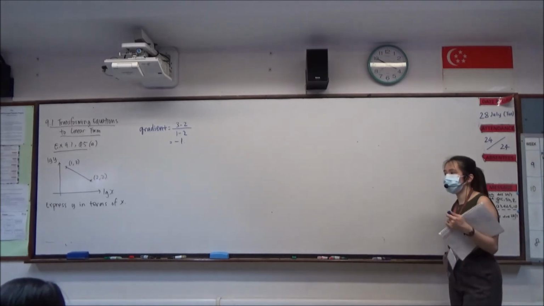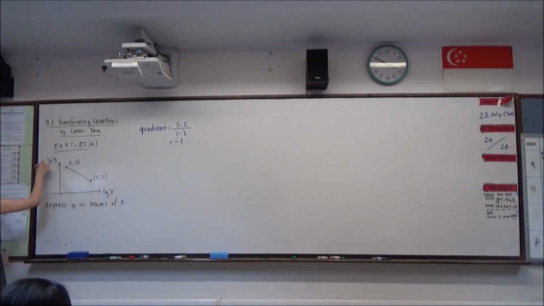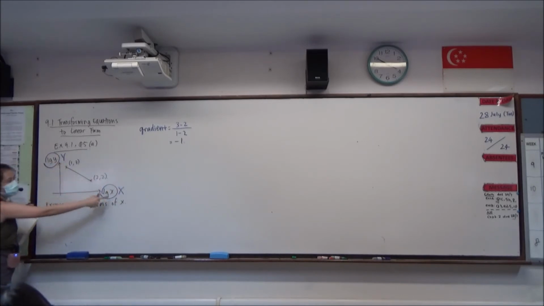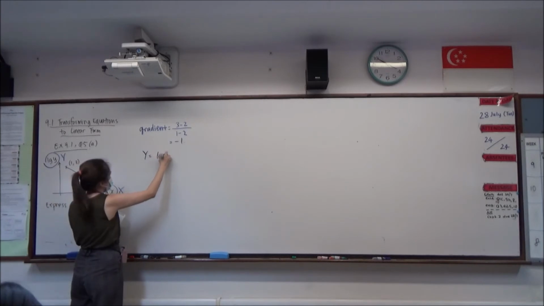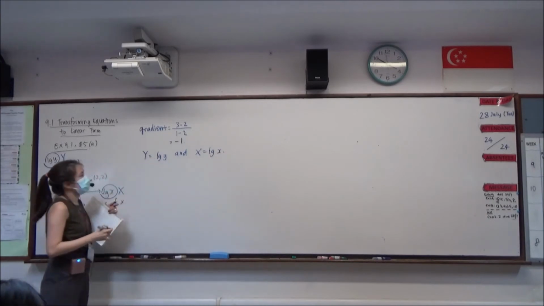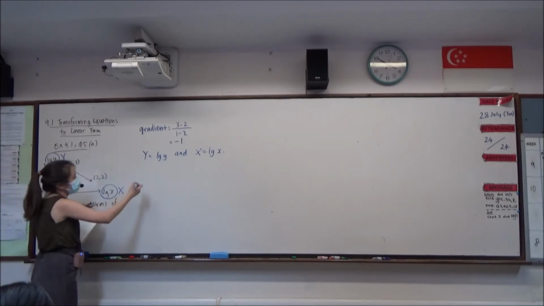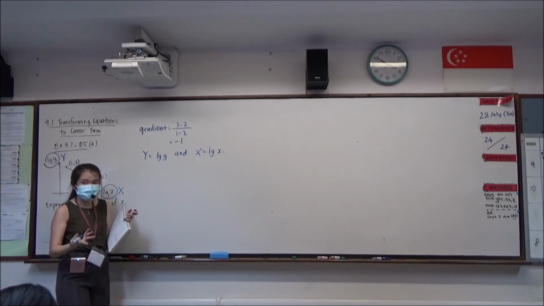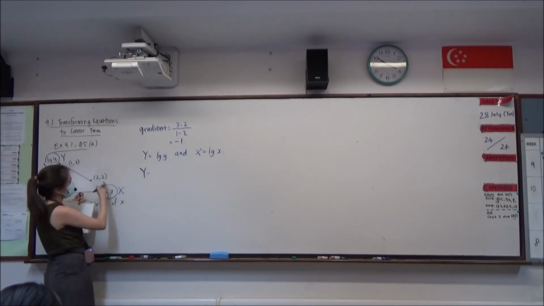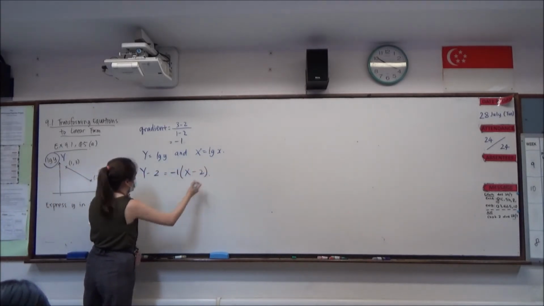So our aim is to determine a straight line equation. Earlier on, in the last part of the term, we learned about big Y, big X. So I can label this big Y, big X. I just define it here. Okay, and now I create my linear equation for this graph. Our linear equation, y equals mx plus c, you can use that format, or else we have already learned how to use big Y minus the y-coordinate of 1 point equals gradient times big X minus the x-coordinate.